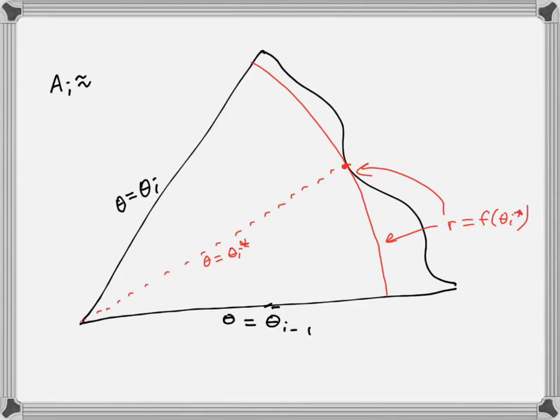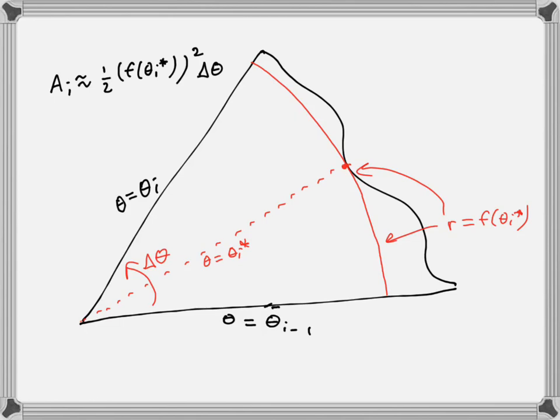So the area is approximately equal to 1/2 times f of theta I star squared. And then remember, this entire part right here is delta theta, so this would be times delta theta.